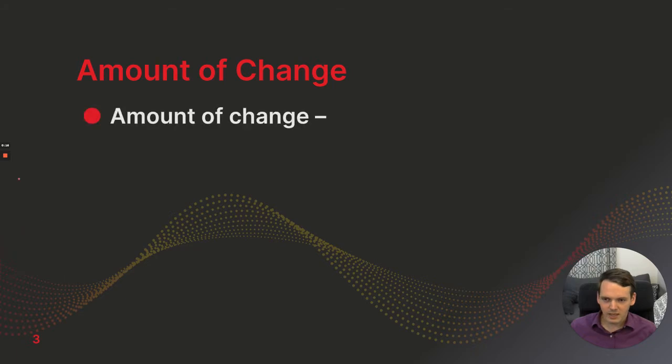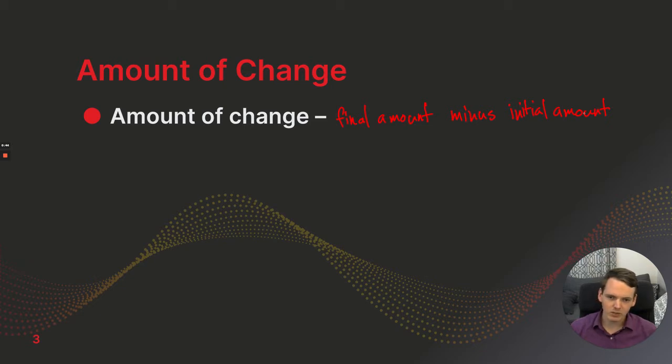So jumping into that, we describe the amount of change of something as the final amount minus the initial amount. And this makes sense when you think about, in general, how much your age has changed.